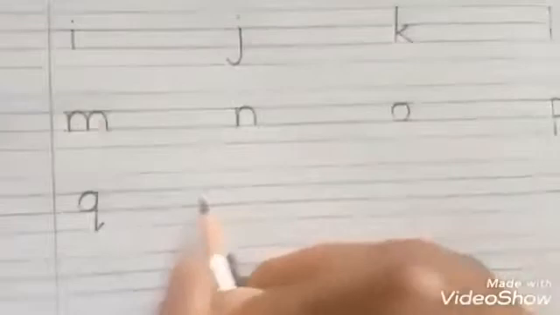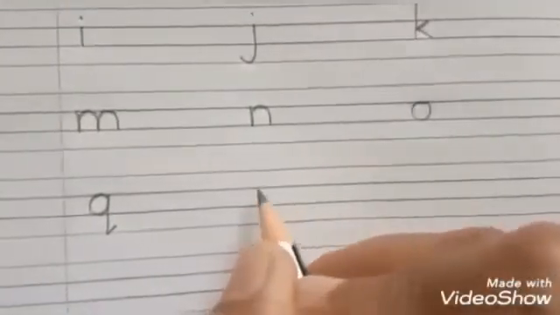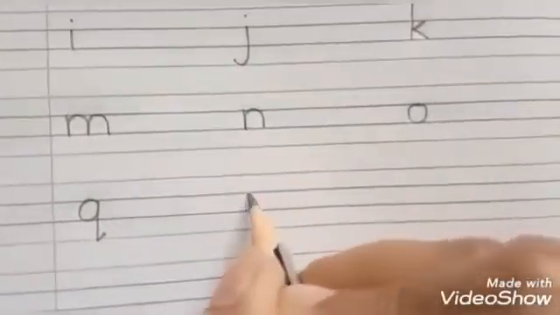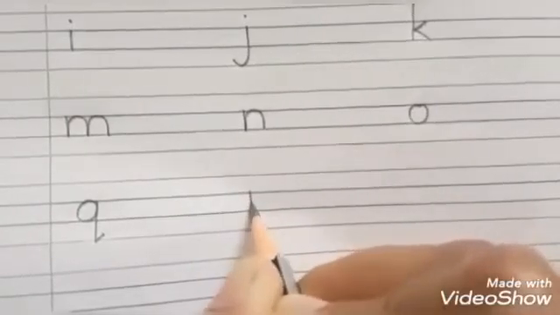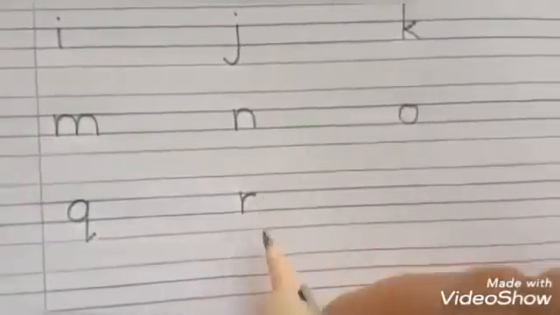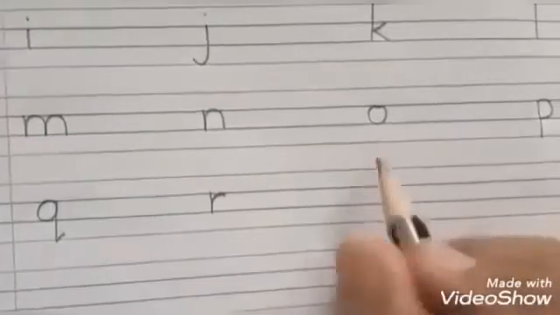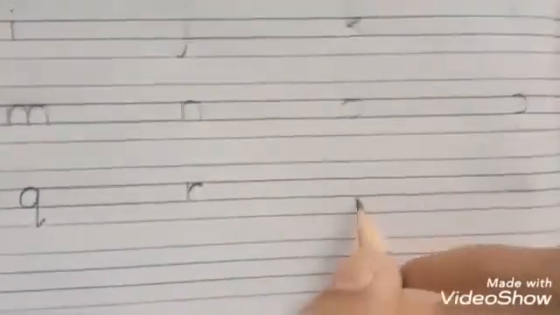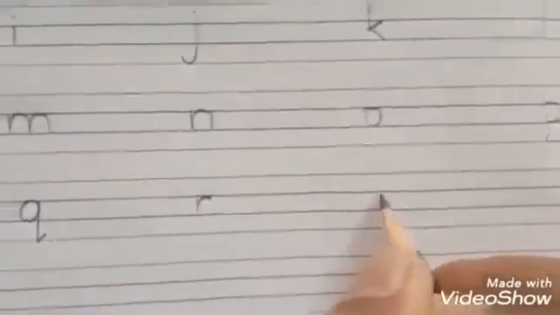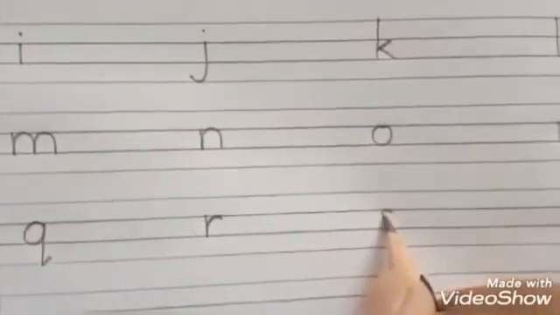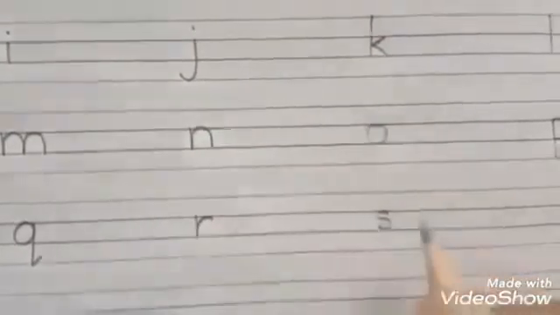Now we'll write R. After Q, R. Here you will write small standing line and go up, take a small curve. R. Now small s. This you have to fit in between two blue lines. So small curve and a reverse curve.